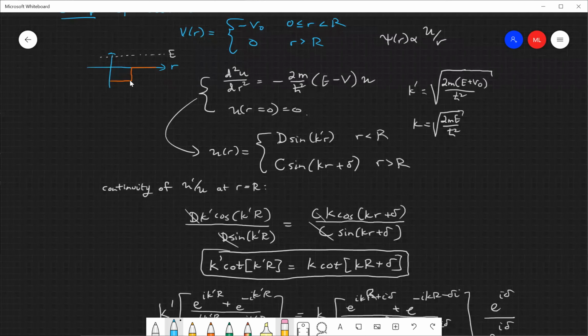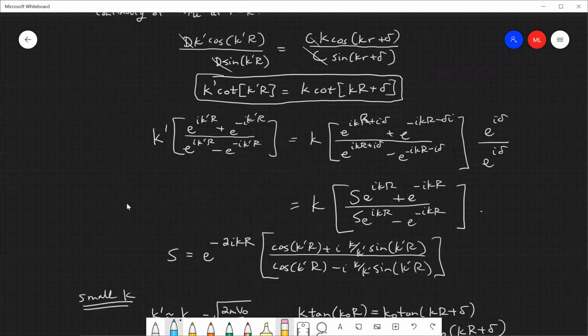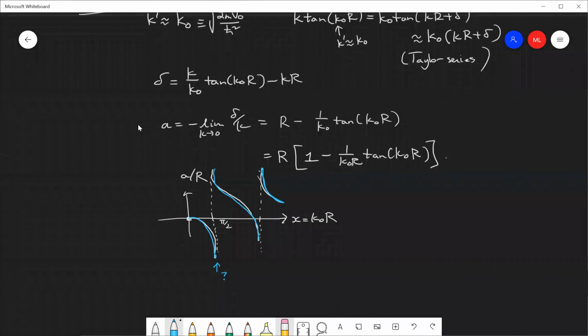As you make k naught, which is just the potential well depth, bigger, at some point, if it's very shallow, then it has no bound state. But at some point, it gets deep enough that it develops a bound state. And that's where this a over r diverges, becomes negative, and goes to negative infinity.